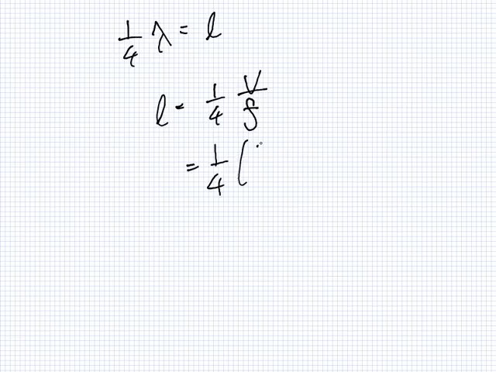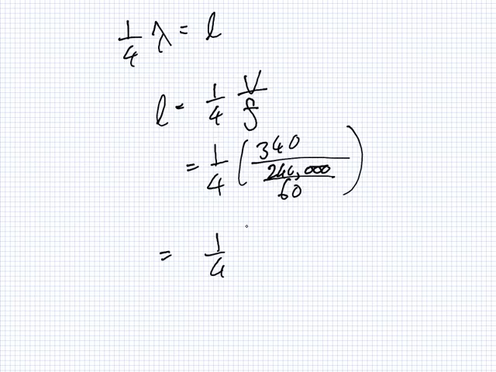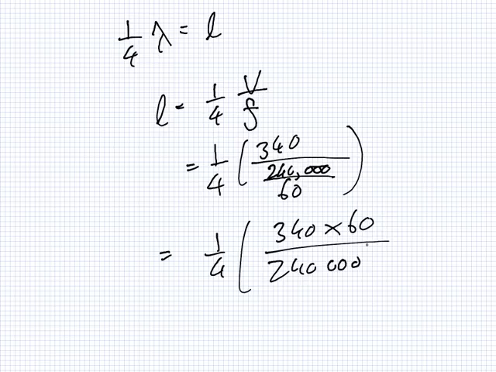Yes. Do we know the F? Kind of. We know it per minute. What was it per minute? 240,000 per minute. But we want it per second, so we just divide that by 60. So we have 1/4, 340 times 60 over, please type this in, 240,000, and that will be a number.